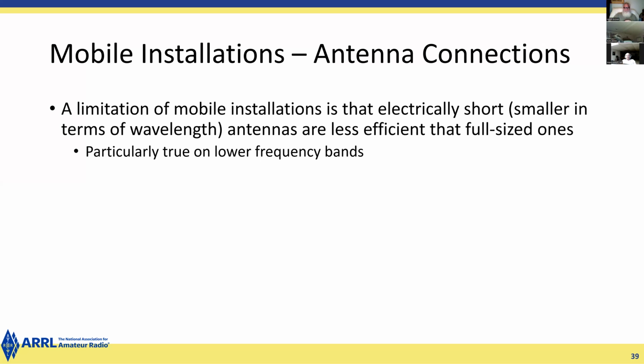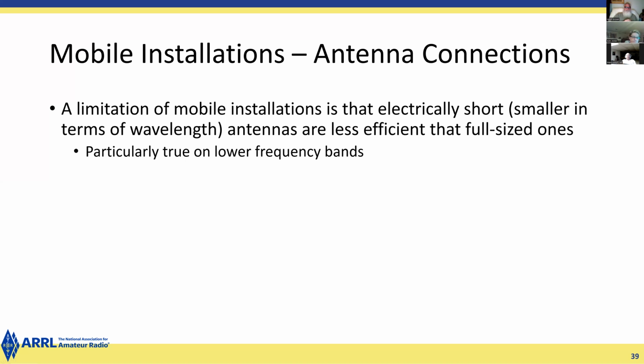For instance, a vertical antenna that operates against ground for 40 meters is going to be 1/4 wavelength long, or 10 meters. That's 33 feet. Well, you're not going to stick a 33-foot pole on your car. It's going to be much smaller. You're not going to stick a 15-foot pole on your car for 20 meters.